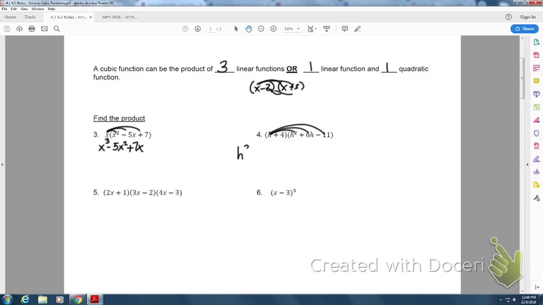So I've got h cubed plus 6h squared minus 11h. After that, I'll take 4 and I will distribute it to those three terms right there. So I have plus 4h squared plus 24h minus 44.